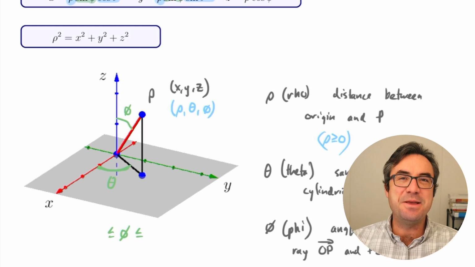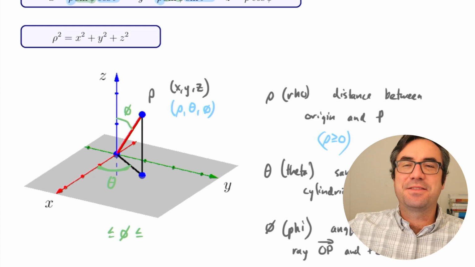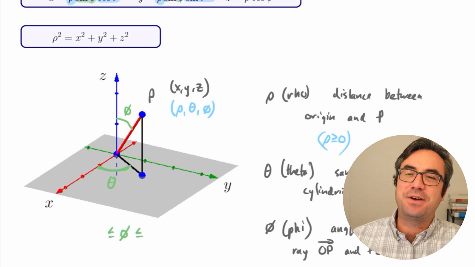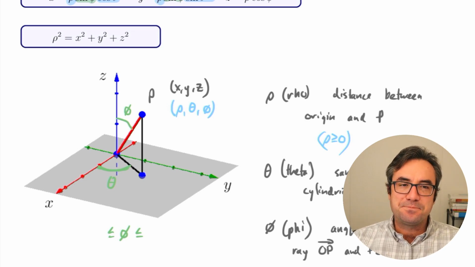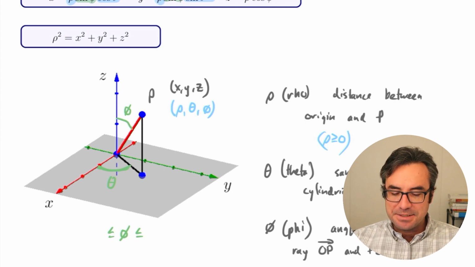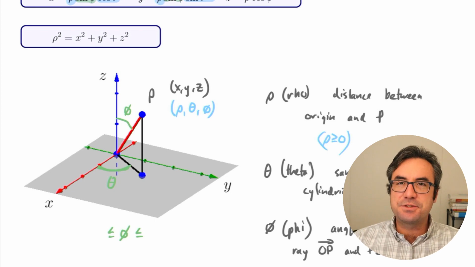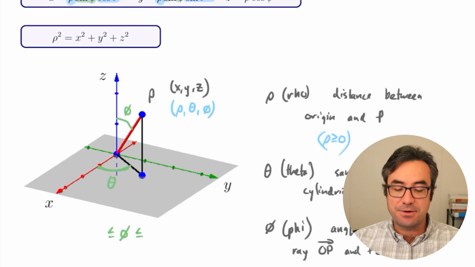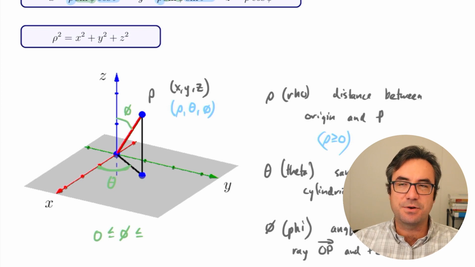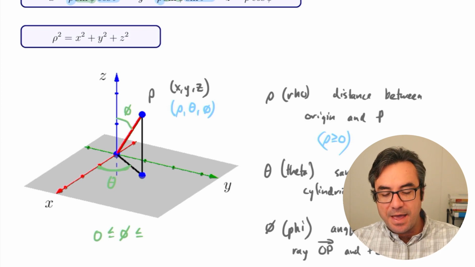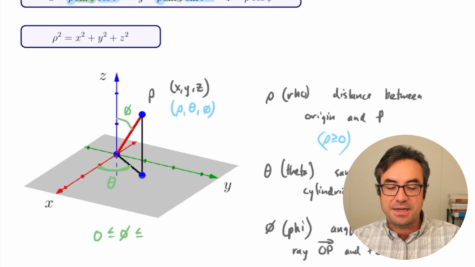I'm going to keep alternating back and forth, phi or phi. You'll hear it pronounced both ways. I think the correct pronunciation is phi, but phi is also fairly common. So we're looking at this angle phi, and the smallest this angle can be is 0. If this angle is 0, that means we're on the positive z-axis.